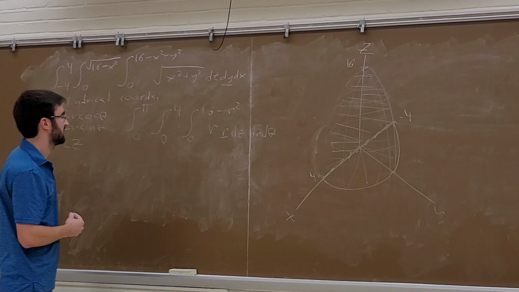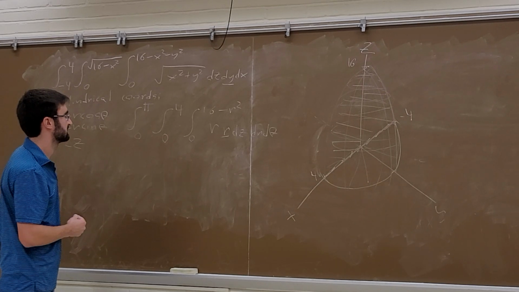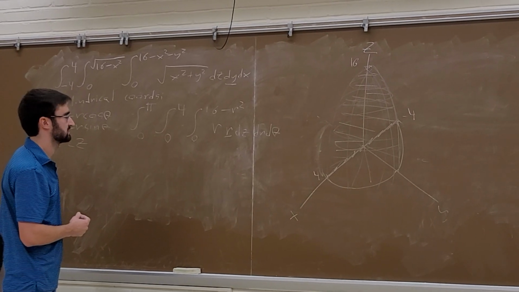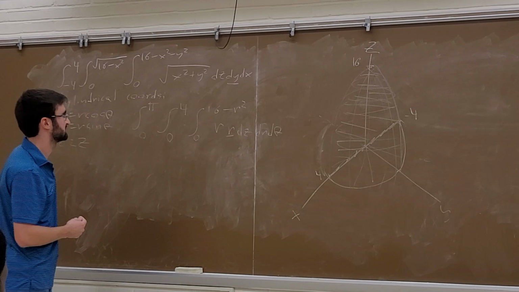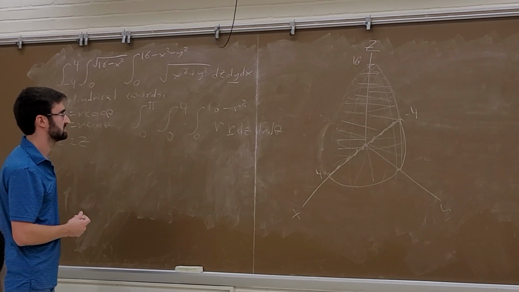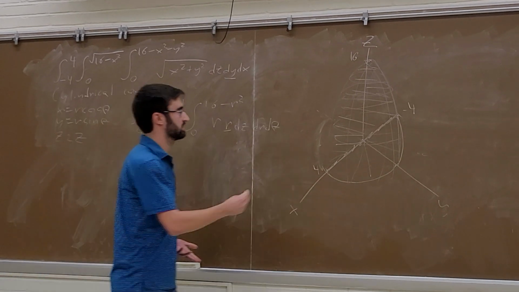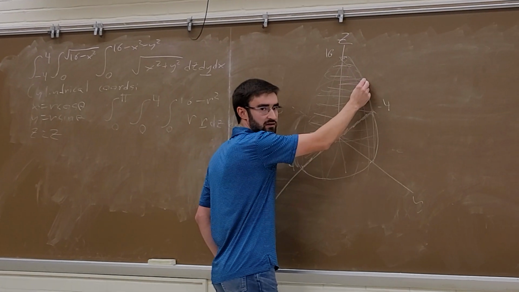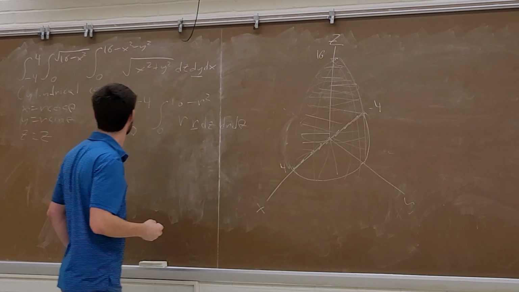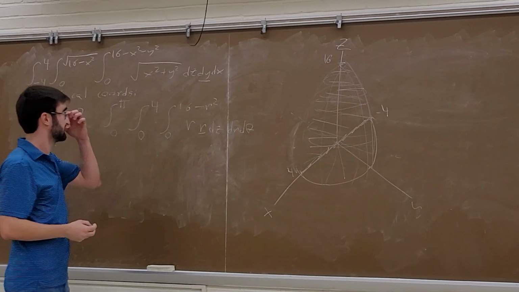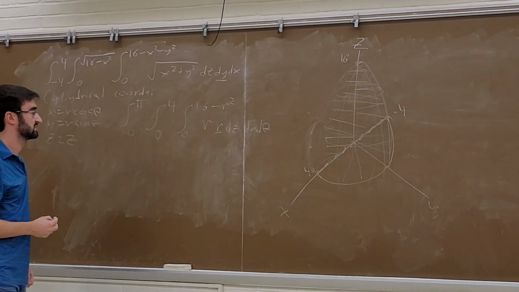I don't think that should go to 4. You can clearly see here the radius is not 4. You're integrating over a changing radius.